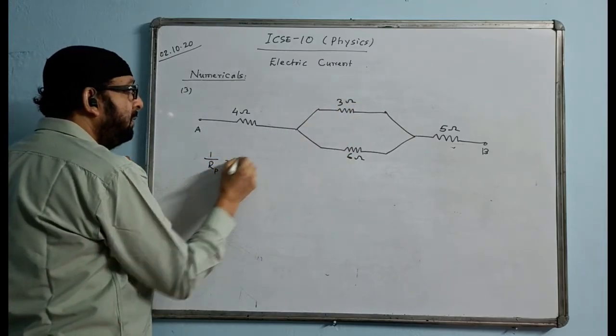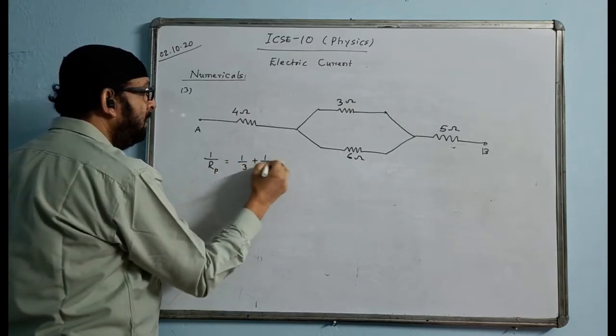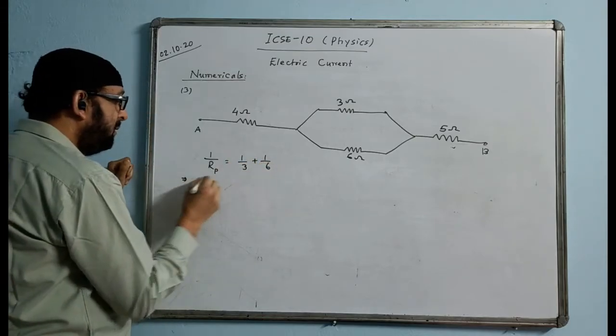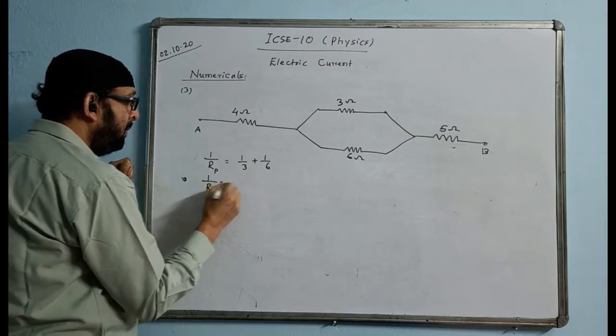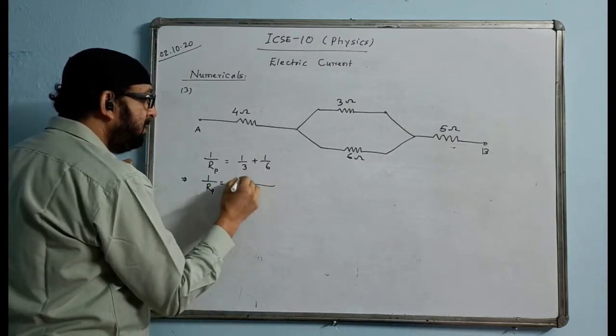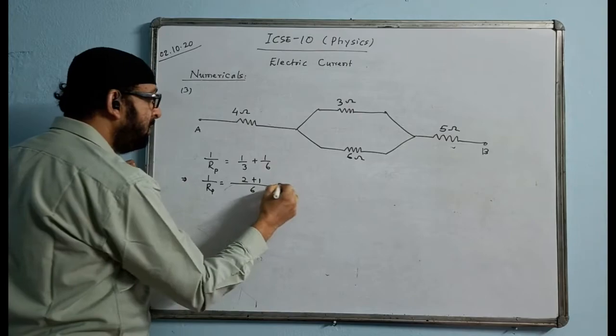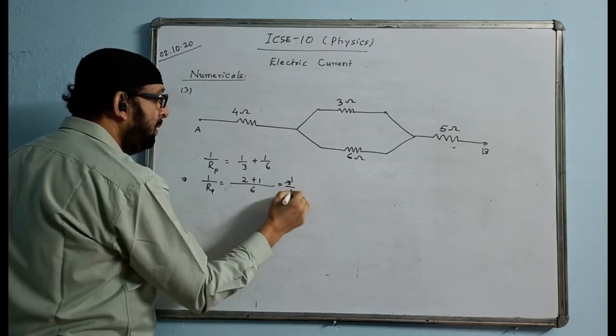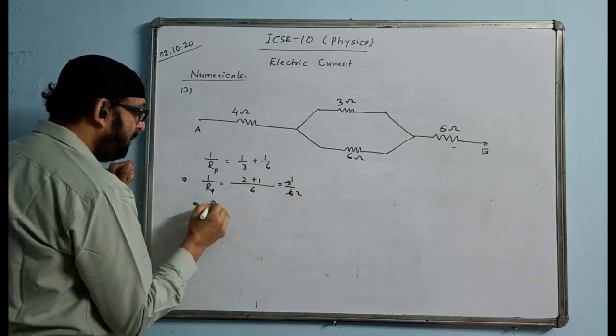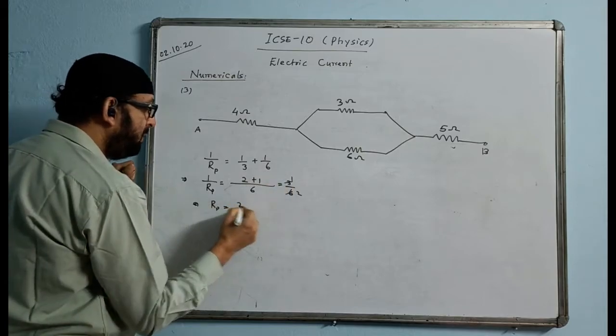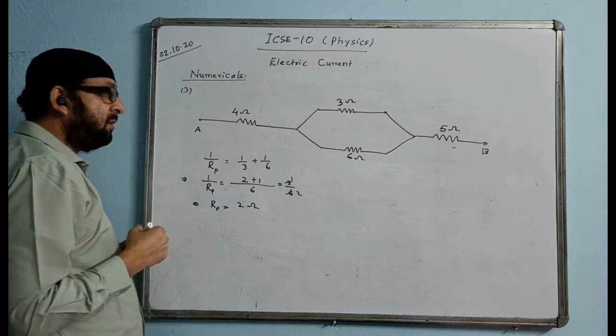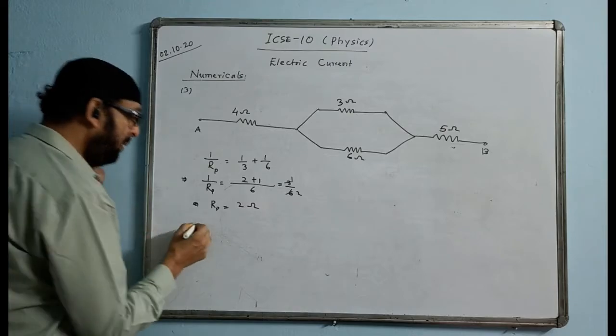1 by Rp is equal to 1 by 3 plus 1 by 6. LCM is coming 6, we get 2 plus 1. This is coming 3 by 6. Therefore, the Rp value will come as the reciprocal of it, that is 2 ohm. The resistance of the parallel part is coming 2 ohm.